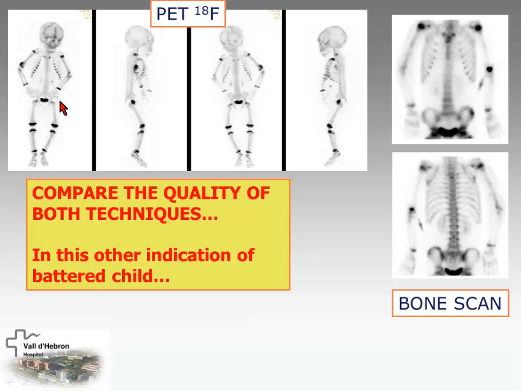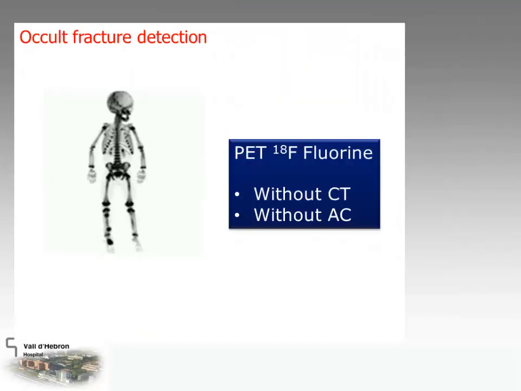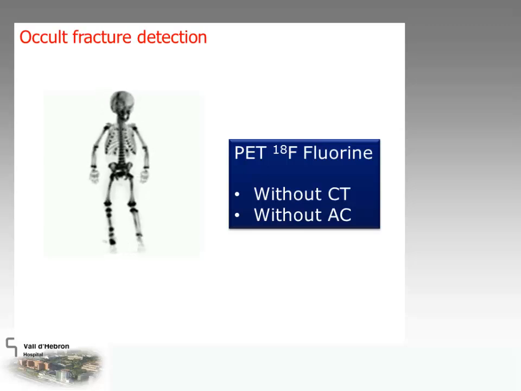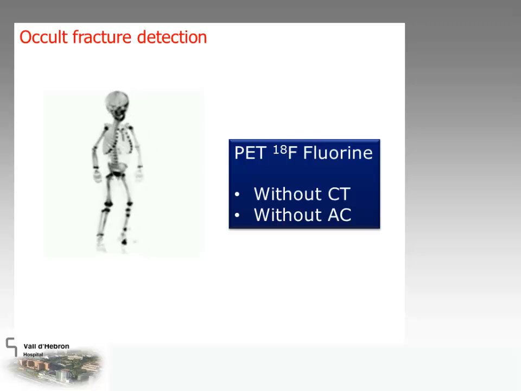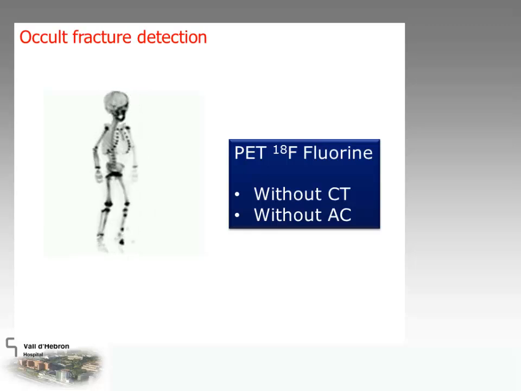This is performed with just half a millicurie and 3 minutes per bed on the scan. Look at this image, this MIP image. You can see easily the extent of the fractures in this battered child with multiple fractures in all the body and in the skull. And this has been obtained without CT and without attenuation correction.